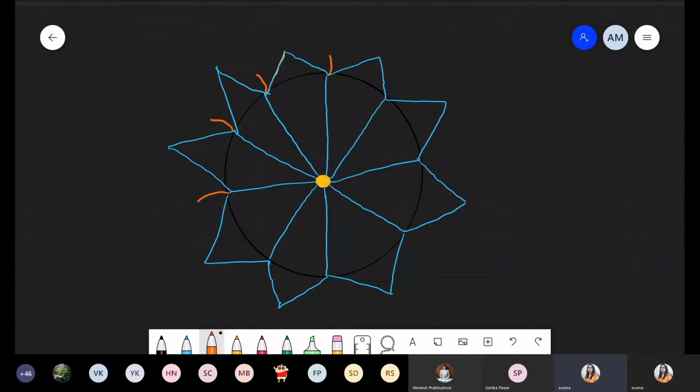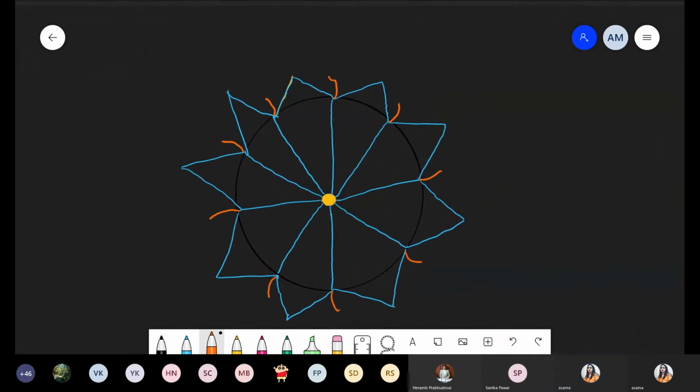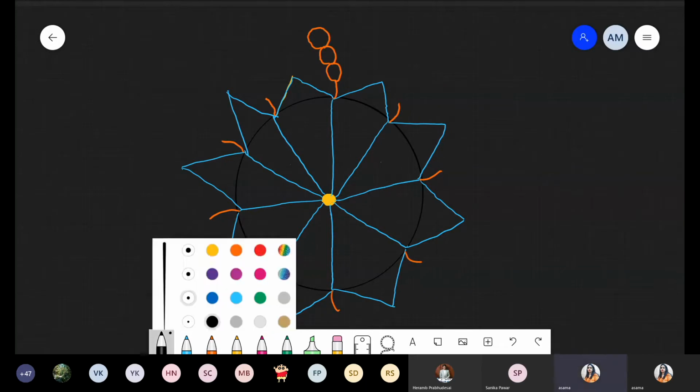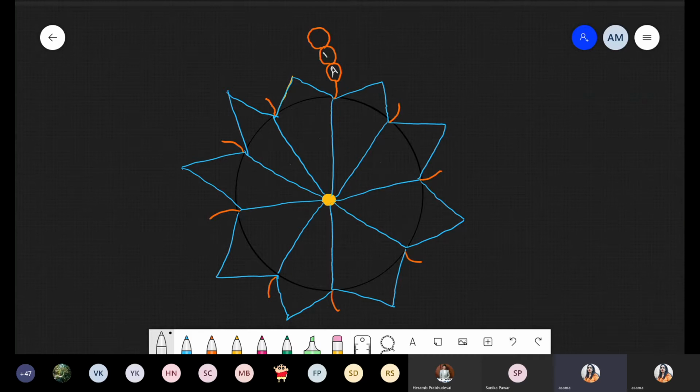Now from this structure, there is the presence of the A, B, C fibrils. 1, 2, 3. I'm just giving the names. This is the A microtubule, the B microtubule, and this C microtubule.